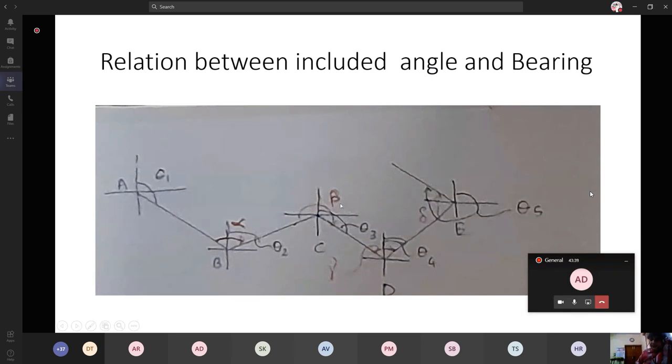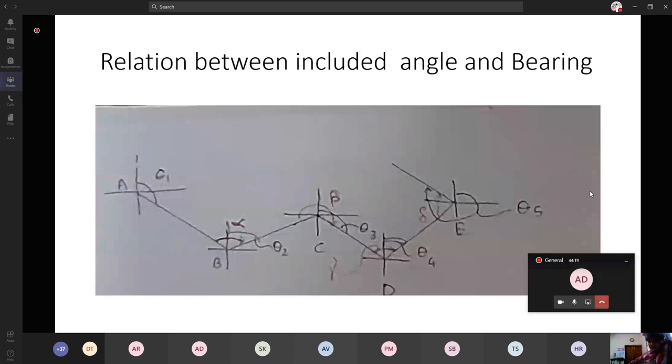Theta 2 plus beta is with reference to south, the deflection of CD with reference to south. So I want it with reference to the north. What should I do? Subtract 180. So what is theta 3 now?